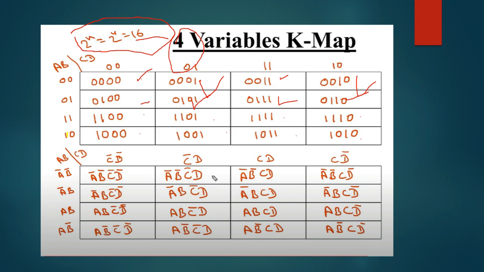Our next task is to draw a line like this, and on the left-hand corner I have taken AB, and on the right-hand corner we have taken CD. As we have four variables altogether, that's why I have written the variables in this manner. This is how you need to write, you need to remember this one.